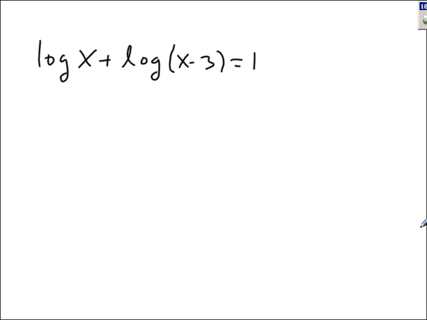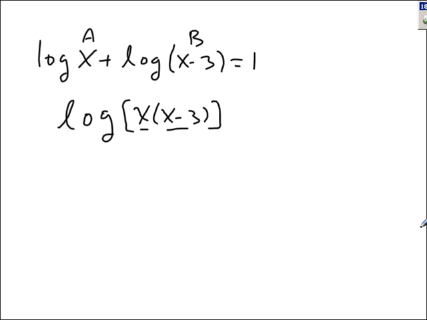If you have logs and you have just a plain old number, you need to isolate the logs on one side with the number on the other side. This has already been done for us. Then you write the side that has logs as one single log. Log of A plus the log of B is log of AB.